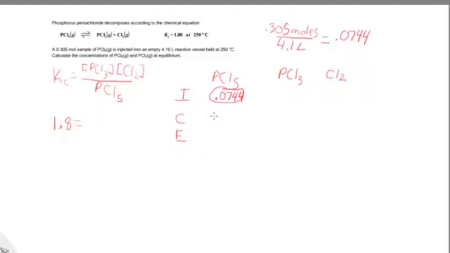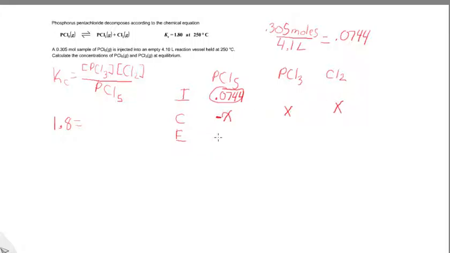Okay. Do I know how much has changed? No. That's called x. So since the coefficients here are the same as here and here, the amount of x that's reduced is the amount of x that we get, and the amount of x we get for chlorine.